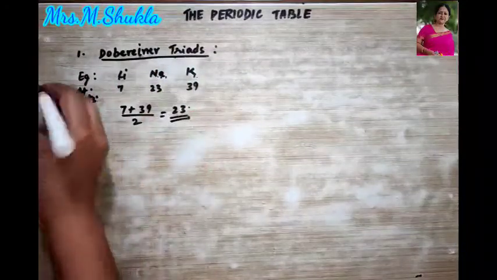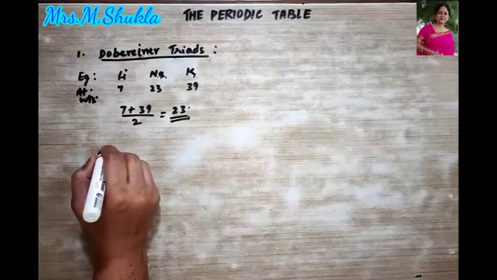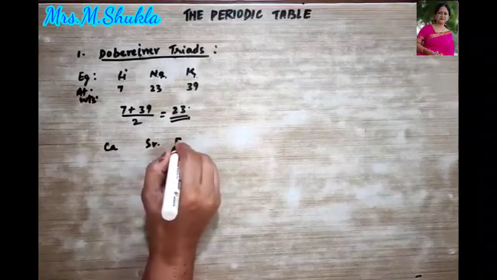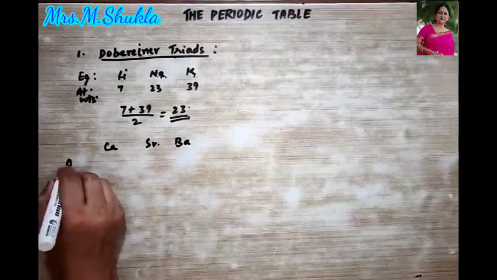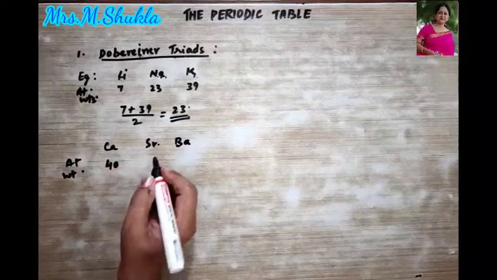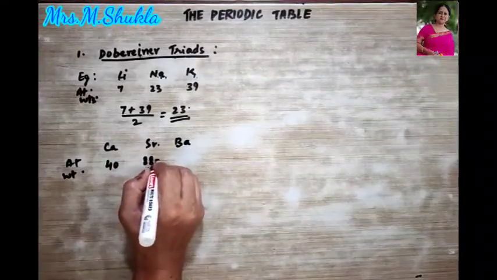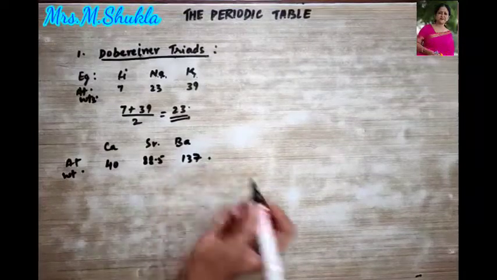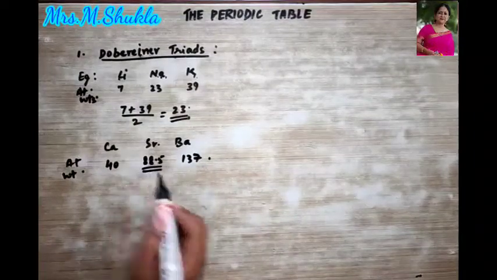Another example that he took was that of calcium, strontium and barium. Okay, the atomic weight of calcium is 40, that of strontium is 88.5, and of barium is 137. So let's see how he got strontium.